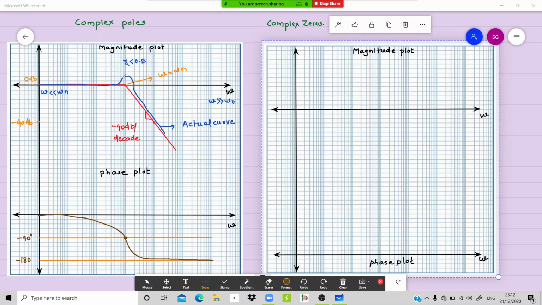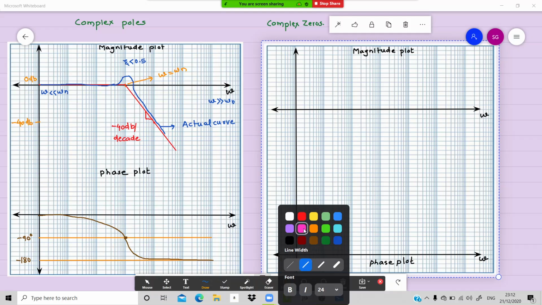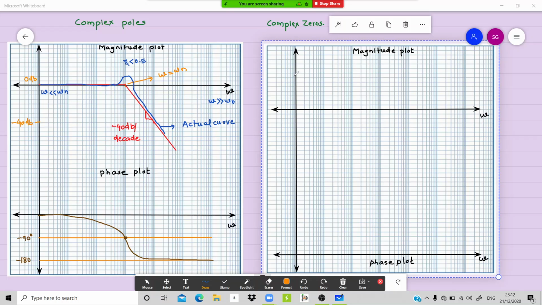Now an exact mirror image of this, I am going to draw over here. And let us say this is, how many, 1, 2, 3, 4, 5, 6, 7. Alright, so let us say this is plus 40 dB.